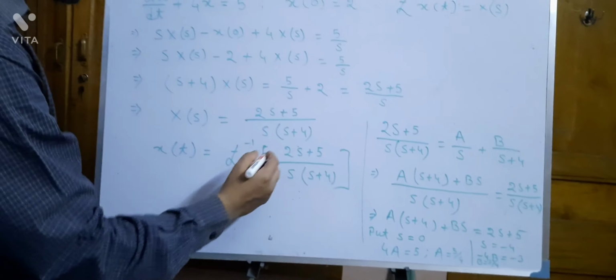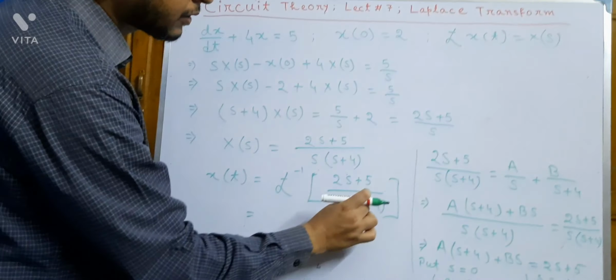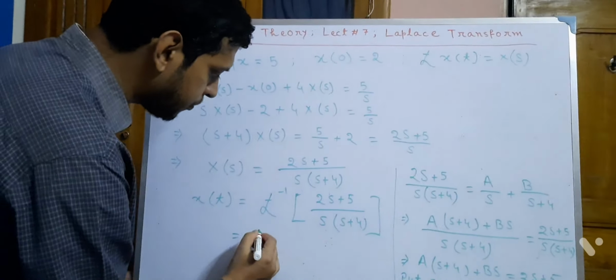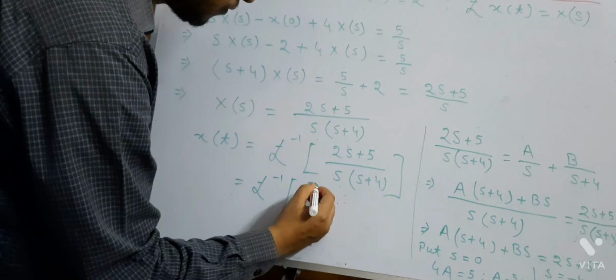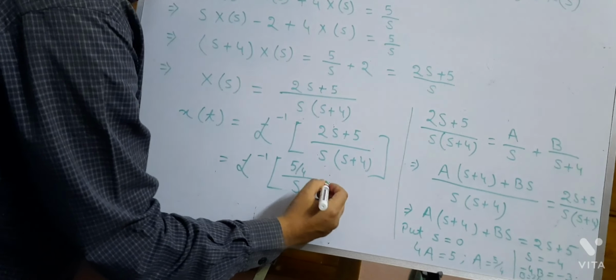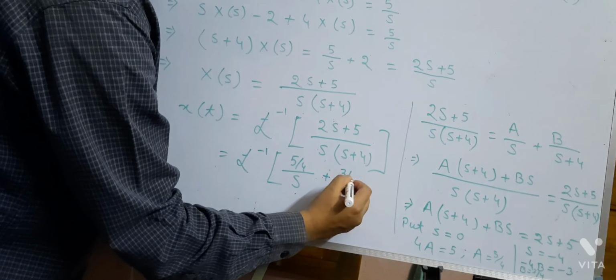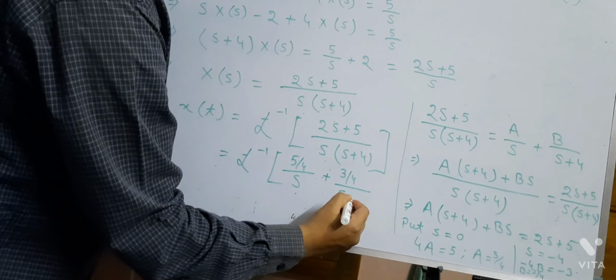So we can write (2s plus 5) by s(s plus 4) equals (5 by 4) by s plus (3 by 4) by (s plus 4).